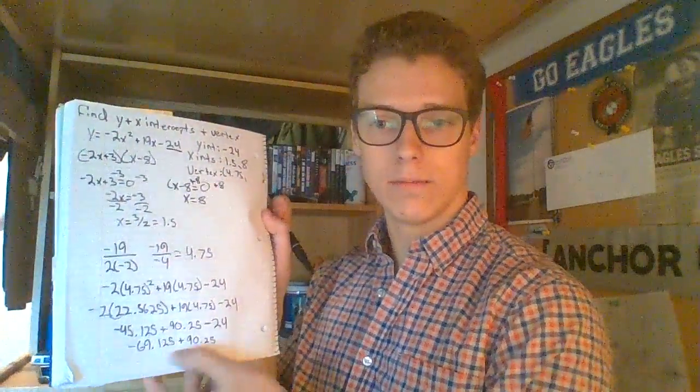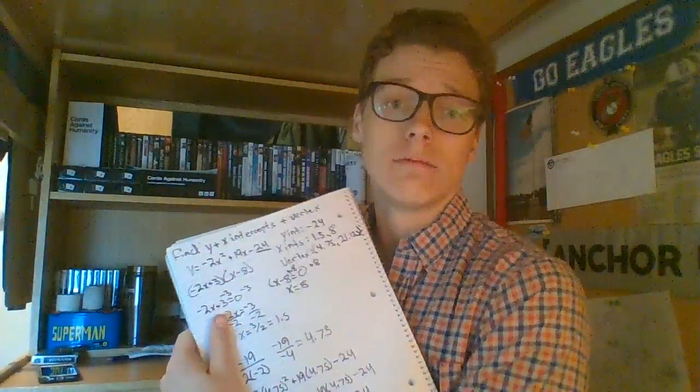So then I'm going to go ahead and combine my negative values, the negative 45.125 and the negative 24, which comes out to negative 69.125, and then you still have the plus 90.25. Then you go ahead and bring those values together, which comes out to positive 21.125, which is the y coordinate in our vertex. And there, you're done.